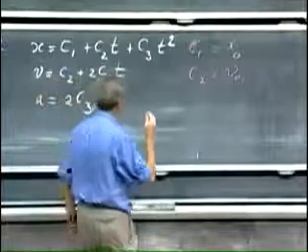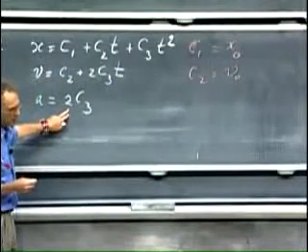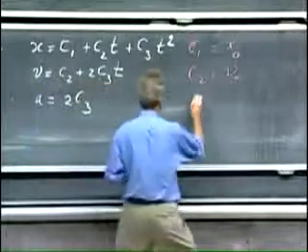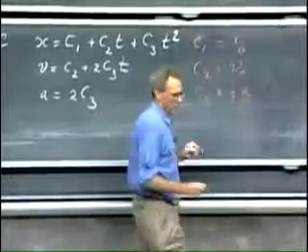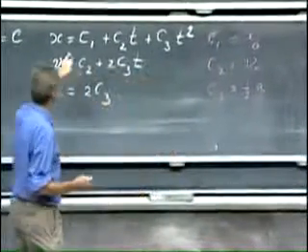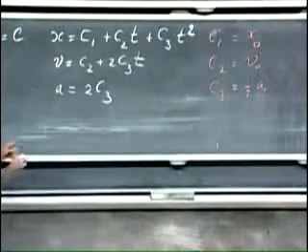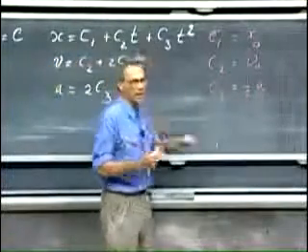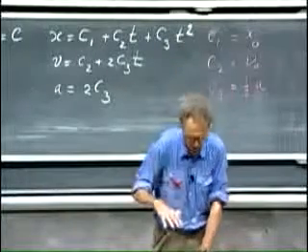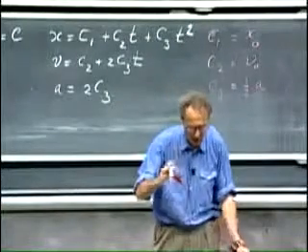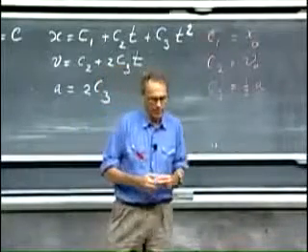And the acceleration is not changing with time, it is 2c3, therefore c3 is half the acceleration. So this gives you some insight in the meaning of these quantities, and you can read some physics in there. c1, c2, and c3 can independently be either 0 or larger than 0 or negative. Makes no difference. Each one of these combinations is a valid possibility in physics.